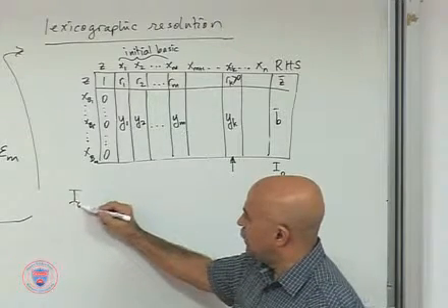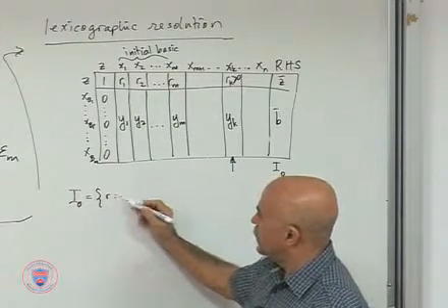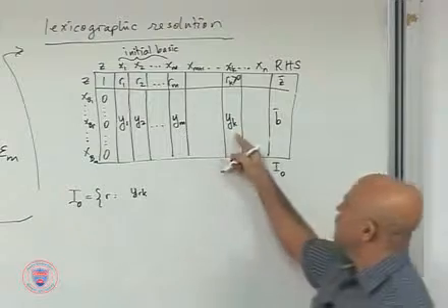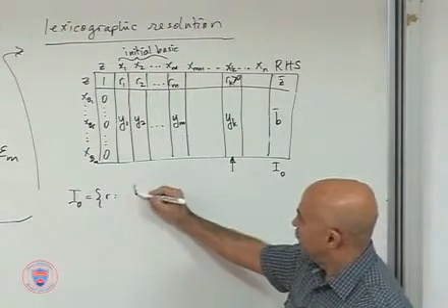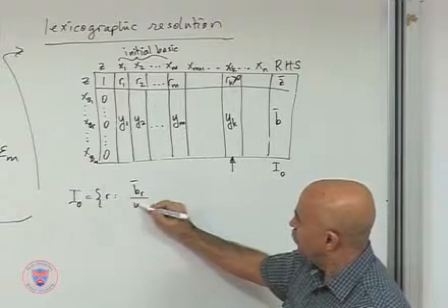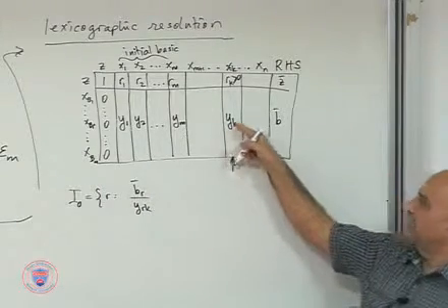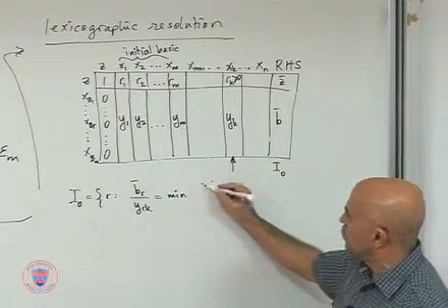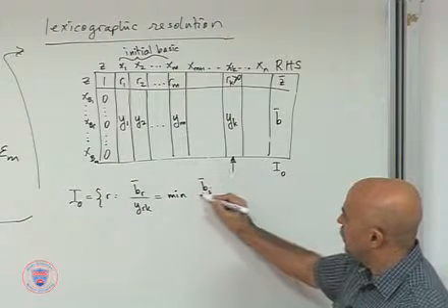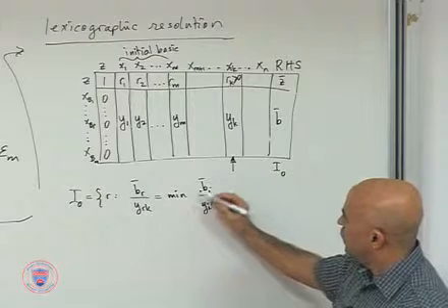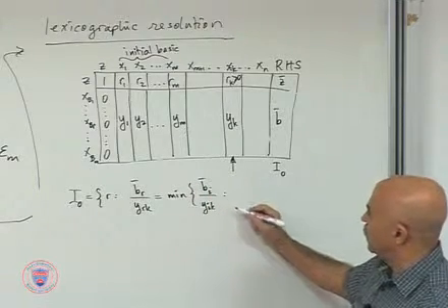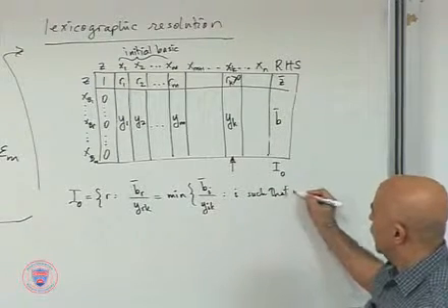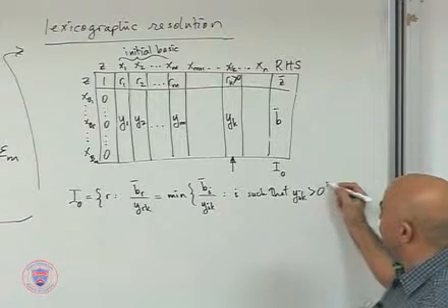So let me write that down. It's the set of row indices R such that BR over YRK, the rth element of the YK column here, is one of the minimum ratios, where the minimum is taken, of course, over I for which YIK are positive.